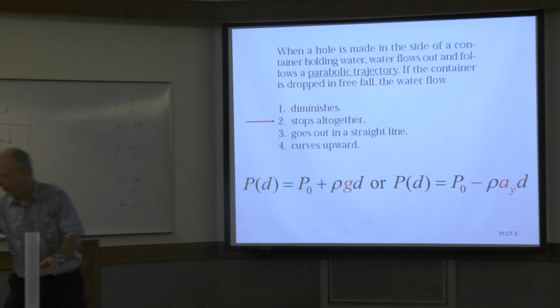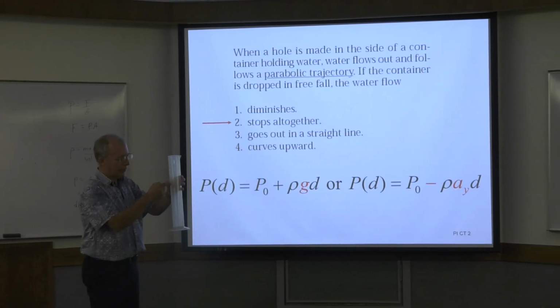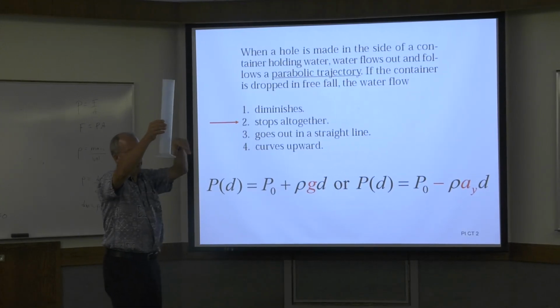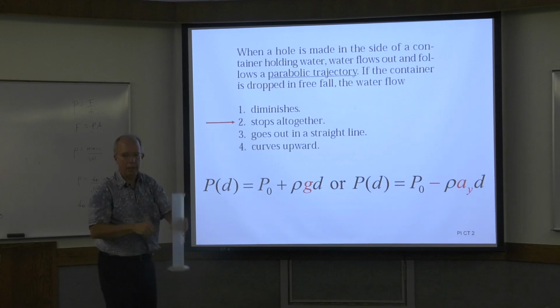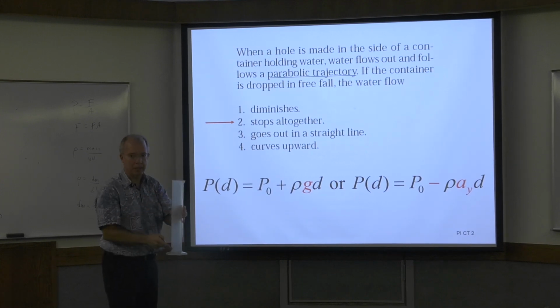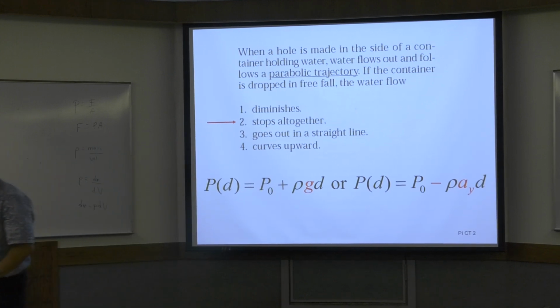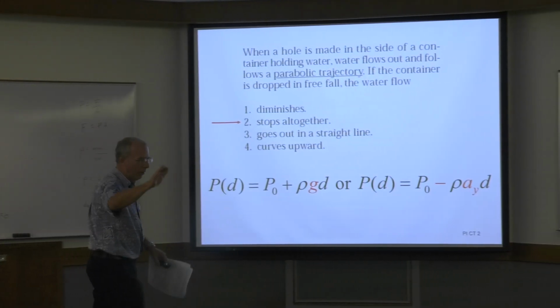In other words, if I had this filled with water, and I had tape on these holes, and I drop this from a second-story building or something like that, as soon as I take the tape off and I drop it, no water would come out of this thing, because in the reference frame of this, the acceleration of gravity is 0. It's kind of like if you were on Lee's Point and you jumped off, and let's ignore air resistance.